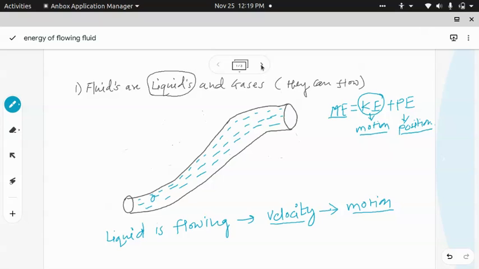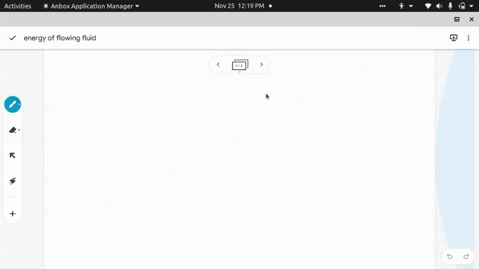let us move towards the next jam, 2 by 3. Okay, 2 by 3.